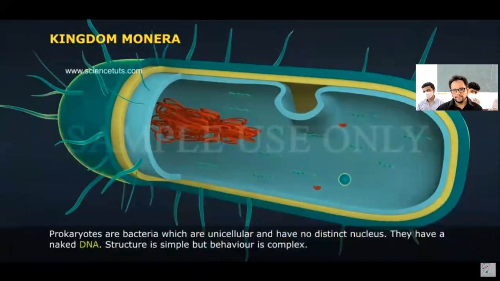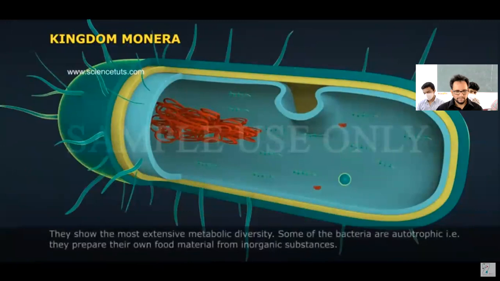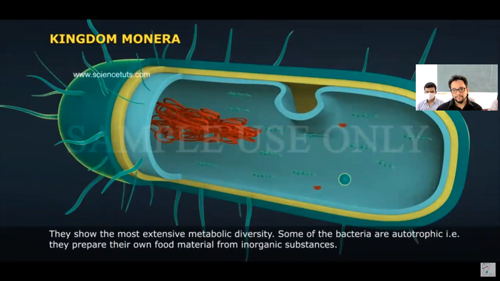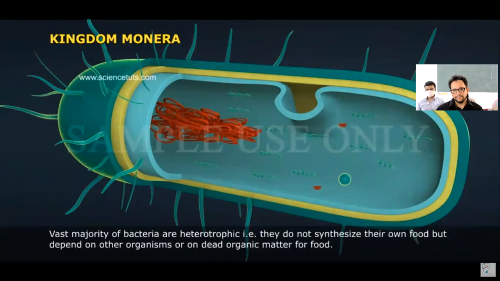Structure is simple, but behavior is complex. They show the most extensive metabolic diversity. Some of the bacteria are autotrophic, that is, they prepare their own food material from inorganic substances. The vast majority of bacteria are heterotrophic, that is, they do not synthesize their own food but depend on other organisms or on dead organic matter for food.